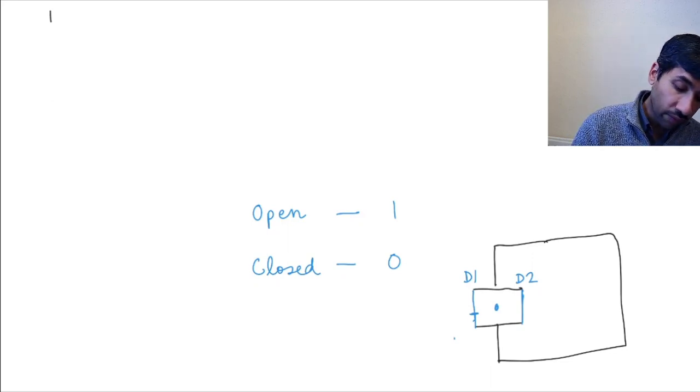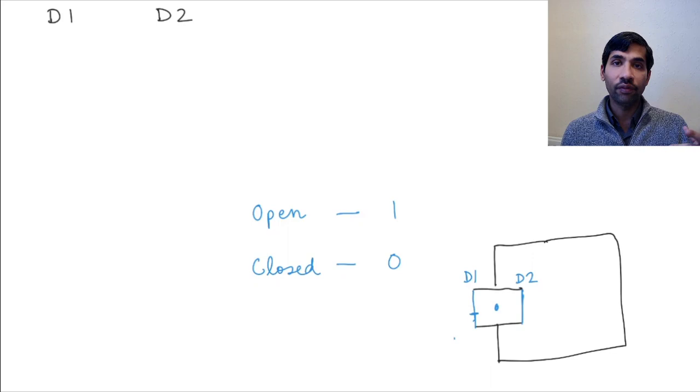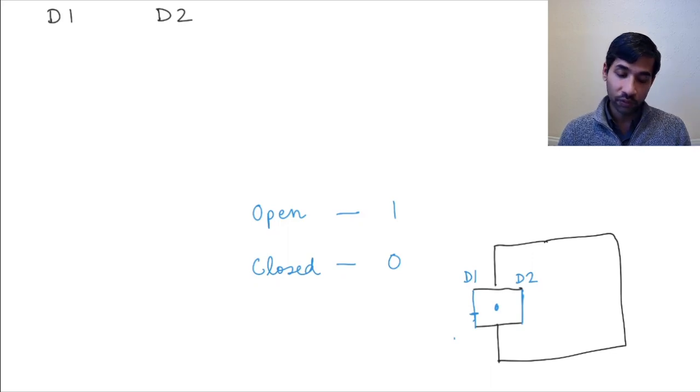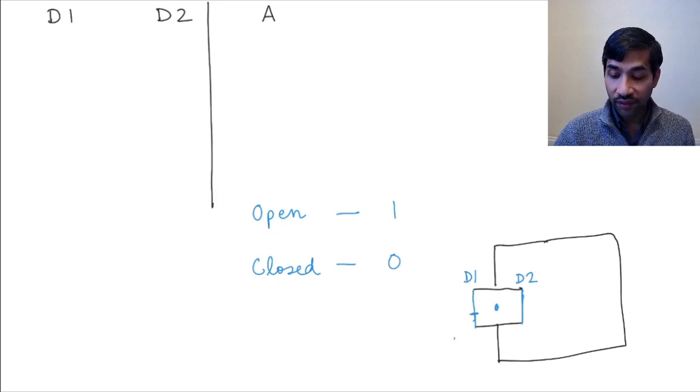So let's say you have two inputs from the sensor at D1 and the sensor at D2, that is, door 1 is open or closed and door 2 is open or closed, and the output is your alarm, let's say A. What are the possible combinations that you can have?